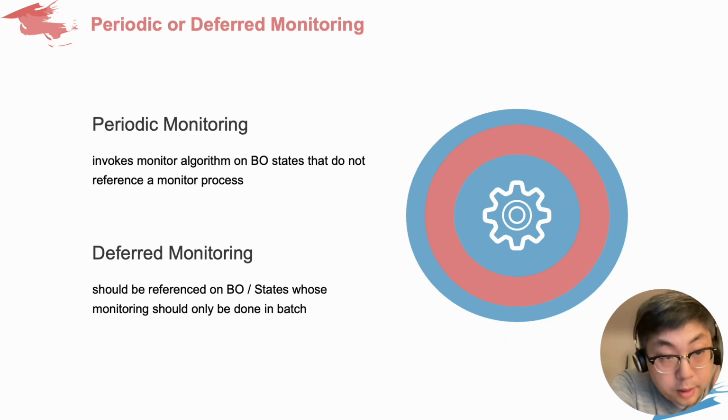Okay, so deferred monitoring is more about precise sequence of running logic, and the bad thing about that is you have to be very explicit on the batch scheduler. If you use deferred monitoring very often, then you have to tell the batch scheduler which batch to run and in what sequence. And obviously there will be a dependency between these batch runs.